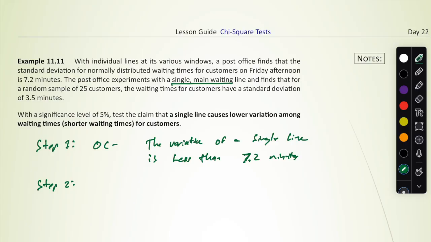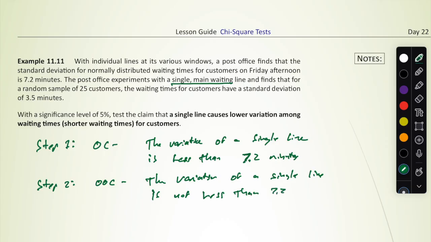Step 2, opposite of the original claim: the variation of a single line is not less than 7.2 minutes. All right, so here we go. So this is sigma less than 7.2.